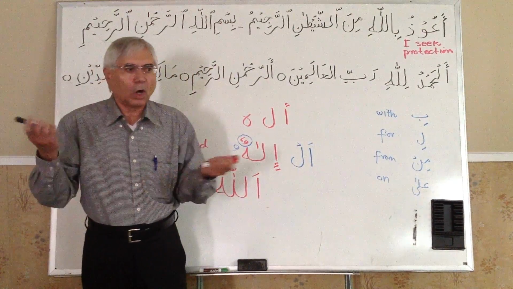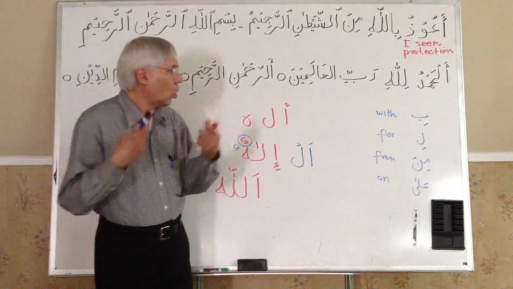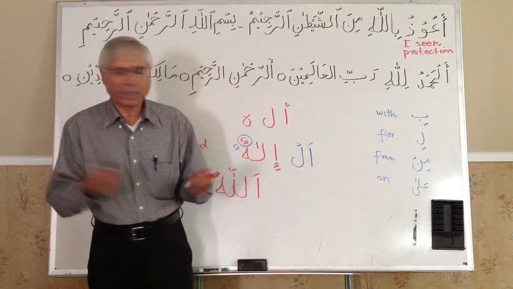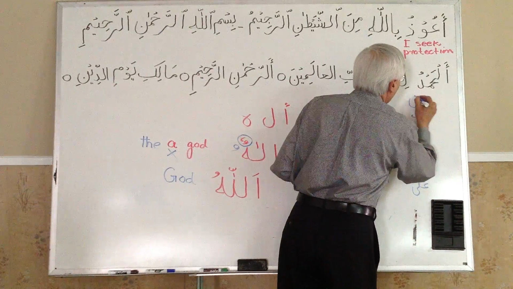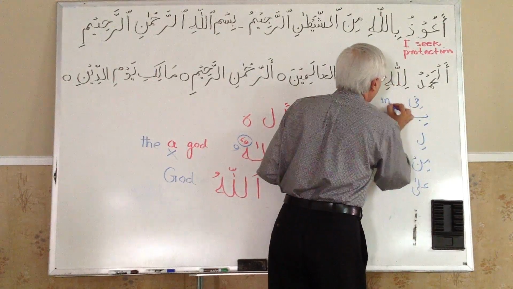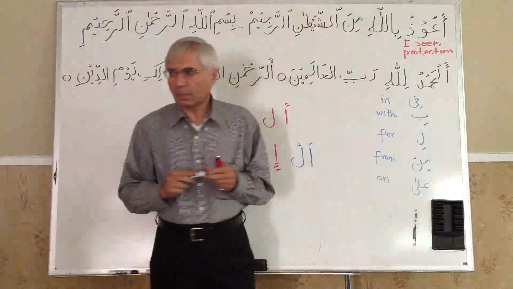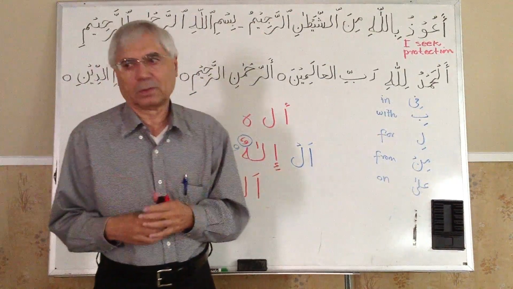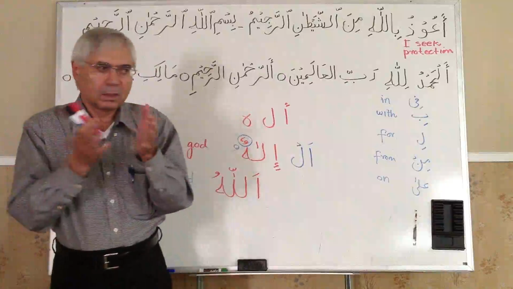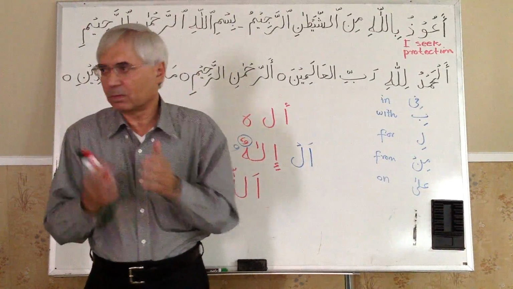We say on the book, or in the book. Okay, there's one more. Fi. Fi means in. So if we want to say in the book, we just put in the book, which uses three words in there.